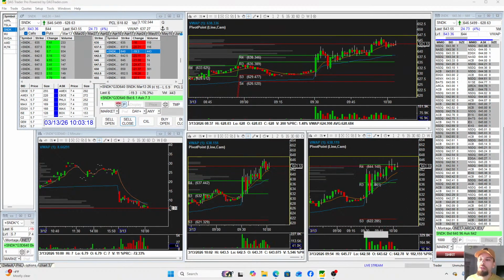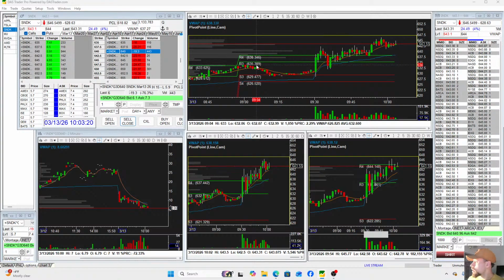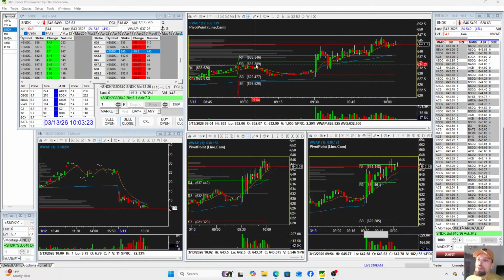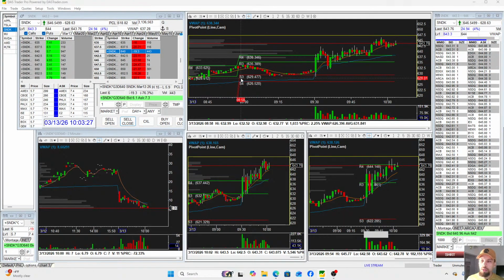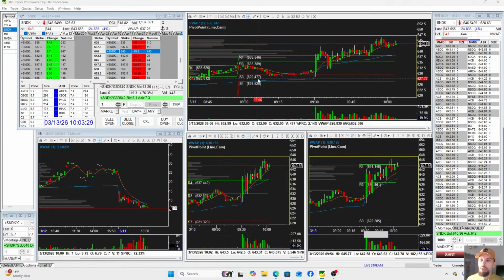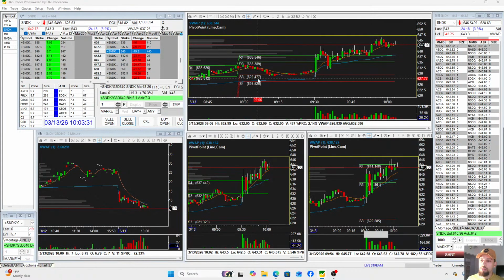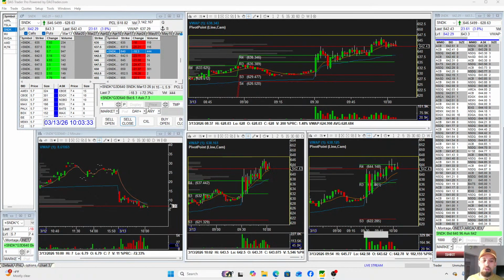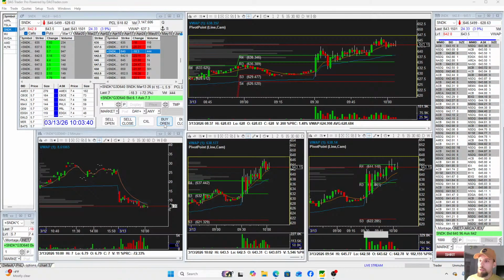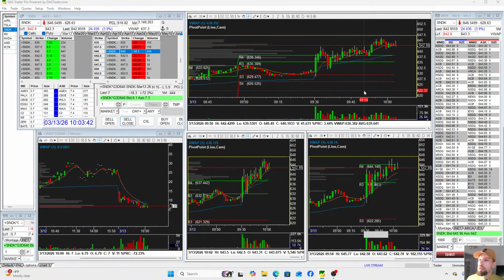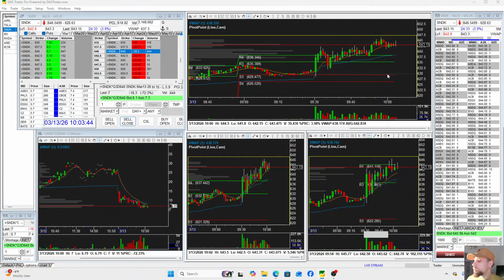I am keen to take a short on it, or long puts. Seems interesting for me. SPY selling off. Volumes died down quite a bit.